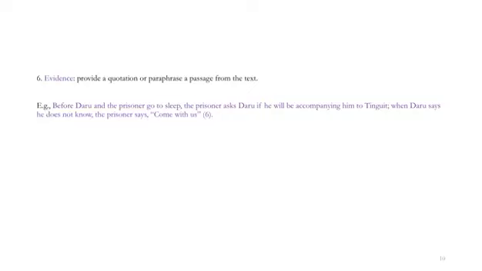In these essays, everything comes down to the evidence that you choose to discuss. You've got to choose quotations that are not obvious, that to the average reader would seem difficult to understand. It might not be difficult for you because we're doing our online discussions together, but imagine if you gave a novel like Deliverance to your friend to read, and you pointed out a line in the novel.